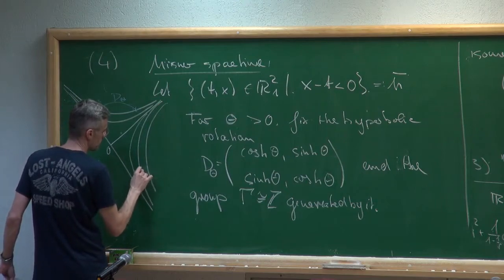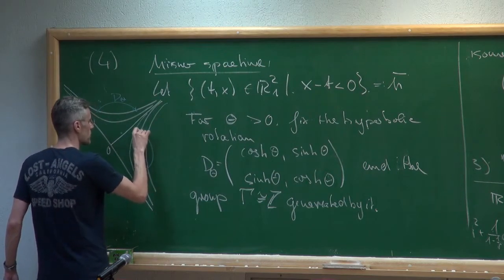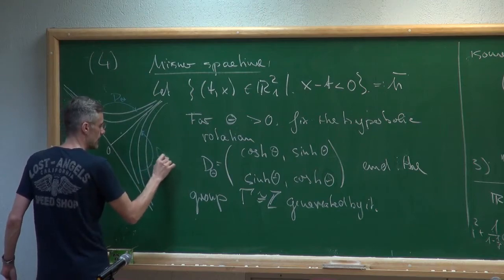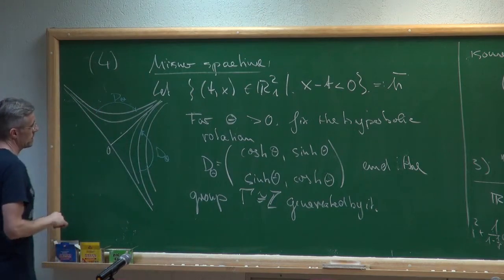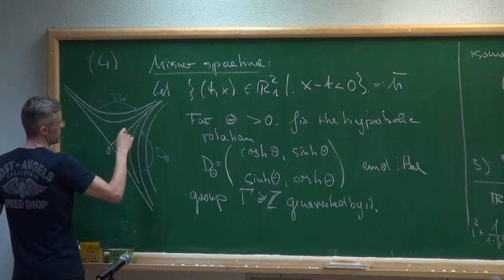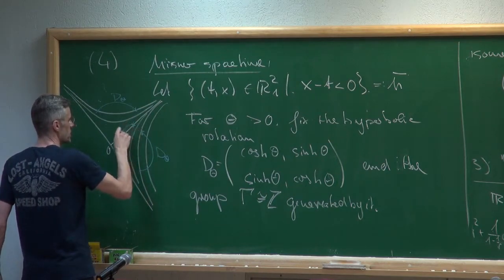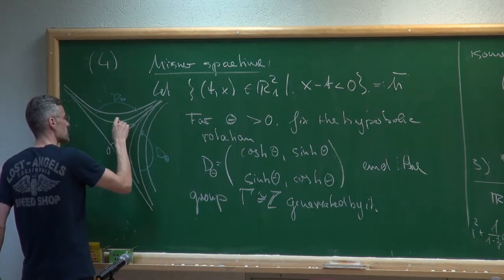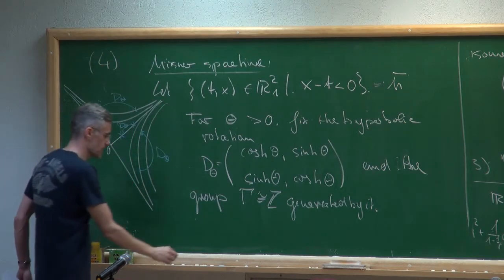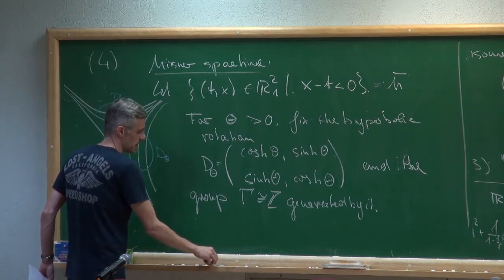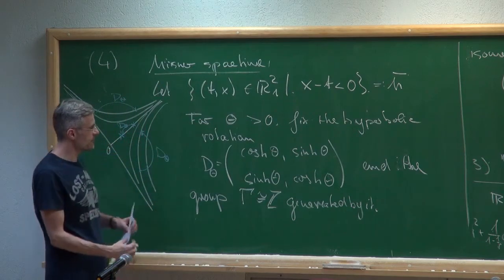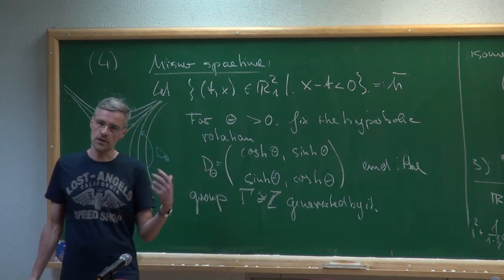There's one point here that is sent by d theta to this point. And on this line here, it's nothing but an exponential multiplication, multiplication by a constant factor. If you restrict this to the line of 45 degrees, this thing here is just multiplication by a constant.